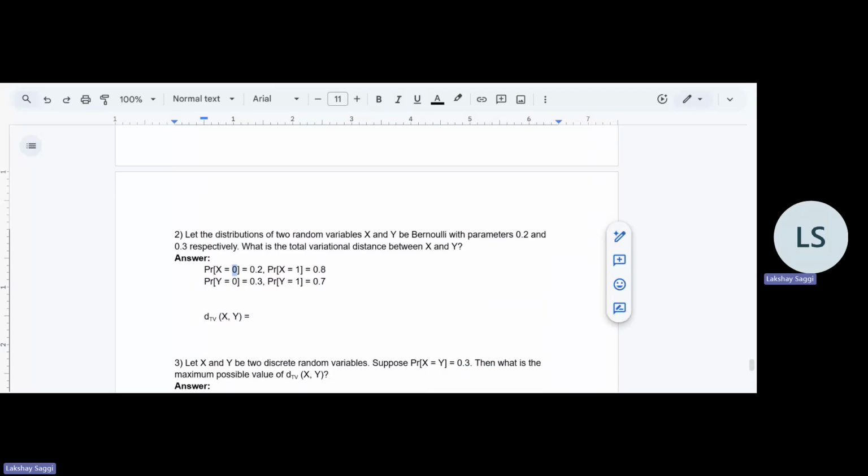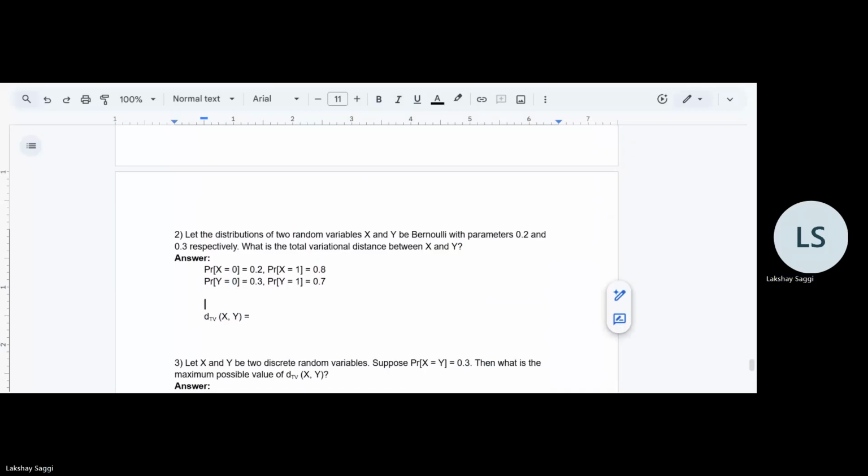Another possibility is the event where you take the whole set, 0 union 1. But in that case, the probability that x takes the value either 0 or 1 is actually 1, and similarly y takes the value 0 or 1 with probability 1.